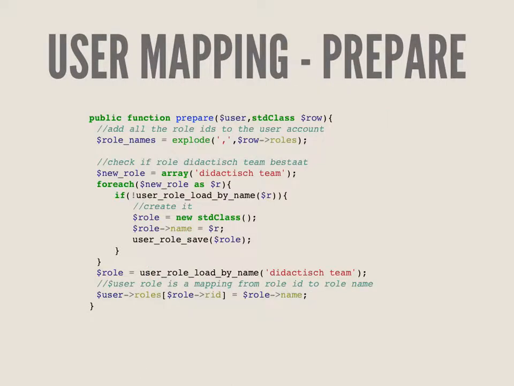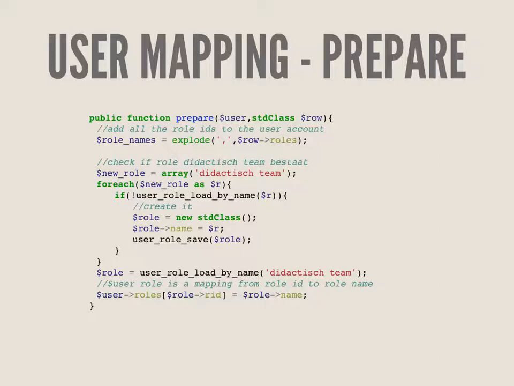While mapping users, I also had to do some massaging of the data before it was saved, because the way roles were stored in the source database was basically unclear. Here I check if the role already exists. If not, I create it, and I do the saving by myself.